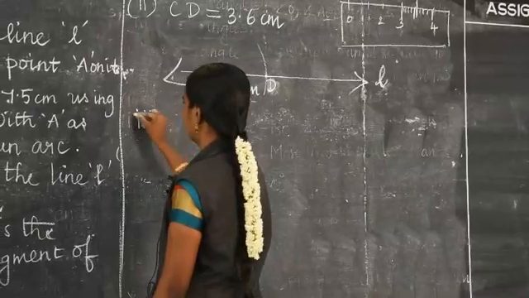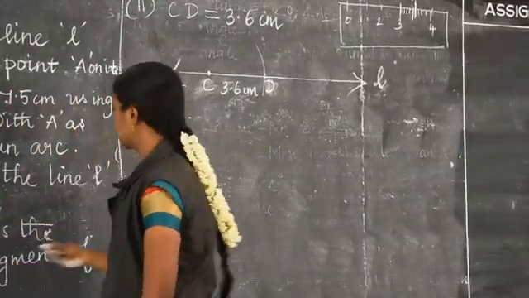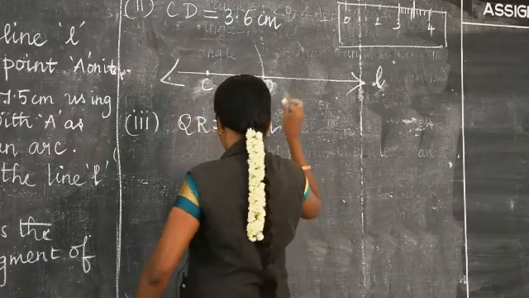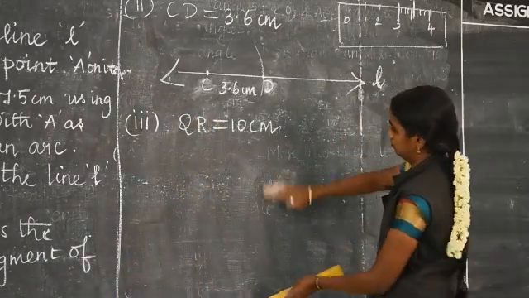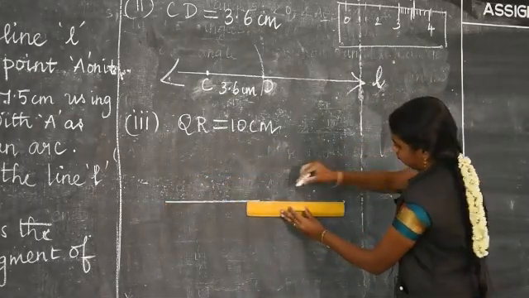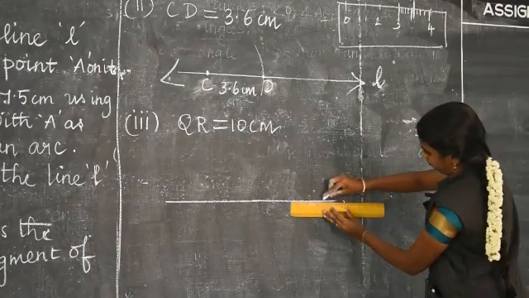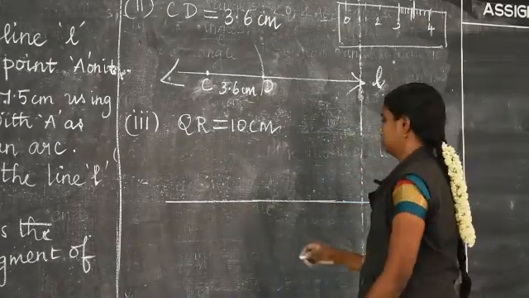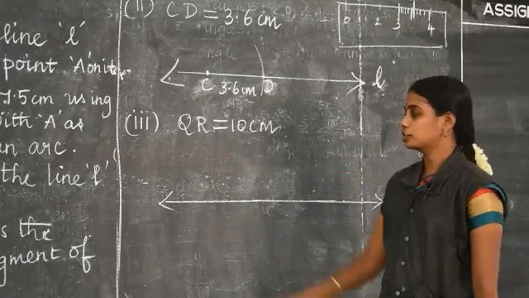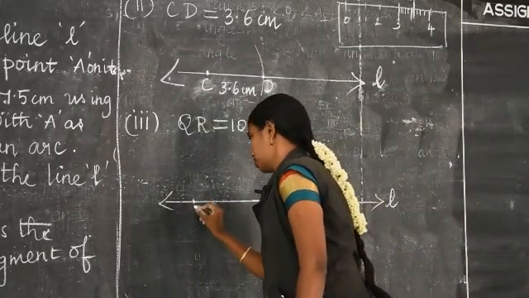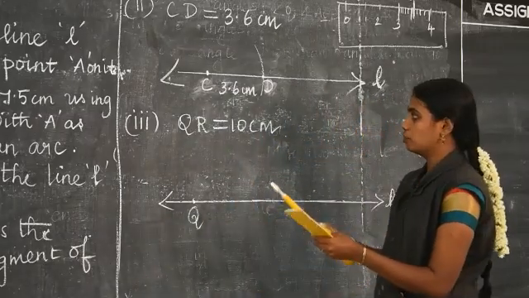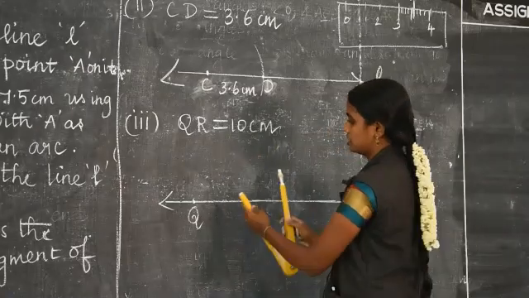Option 3 is QR 10 centimeter. Line L. What is the point here? Q. So mark Q. Next, scale and compass. How much do you have to measure? 10 centimeter.